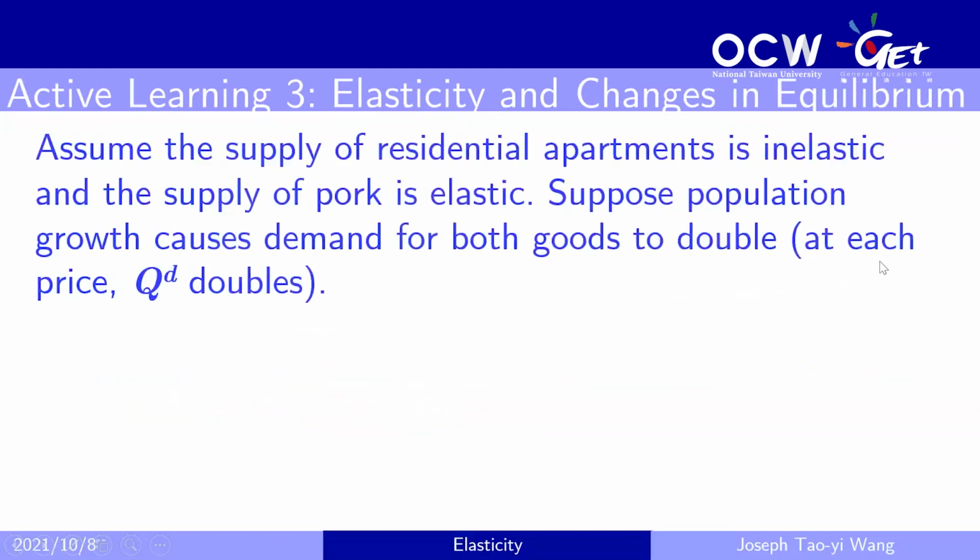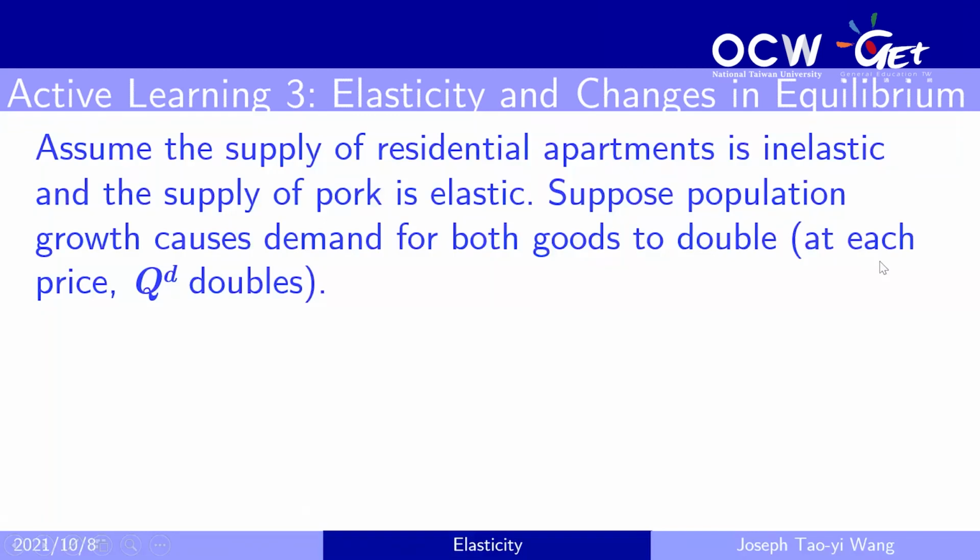Okay, think about residential apartments and pork. Now assume that the supply for residential apartments is inelastic because there's only a fixed amount of land and it's not easy to find new land to build. But the supply of pork is elastic because you can adjust how many pigs you want to slaughter each day in response to the price change.